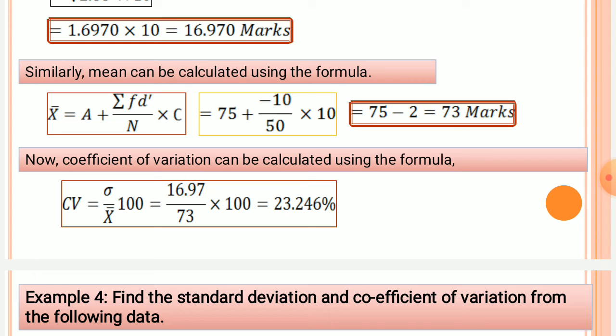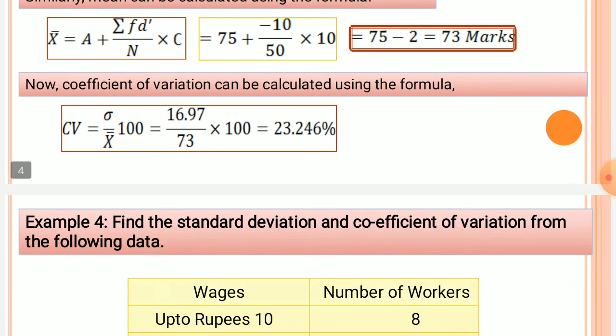Now 75 plus, minus 10 tens are 100 by 50 equals minus 2, is equal to 75 minus 2 equals 73 marks.